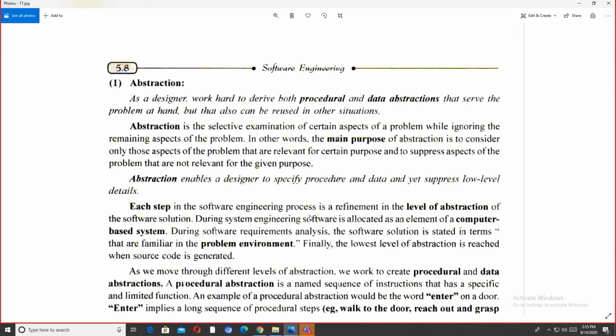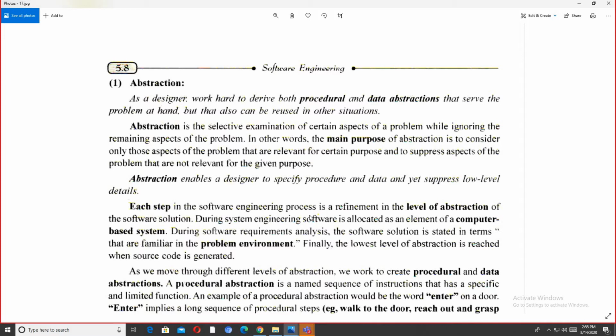We can take an example of an irrigation system, a computer operated irrigation system in a field. So what are all the procedures there, and what is the data there? You have to first of all define the procedures or the functions like irrigating the plant, checking the soil humidity, checking the temperature.